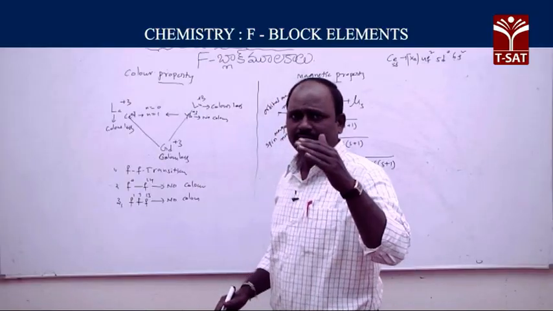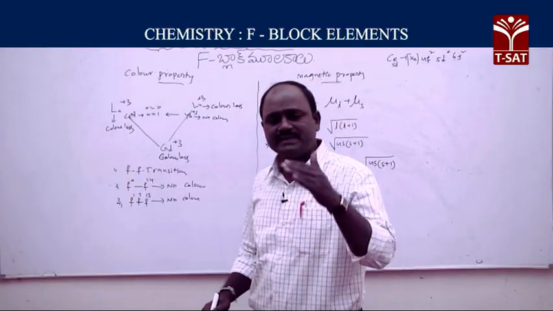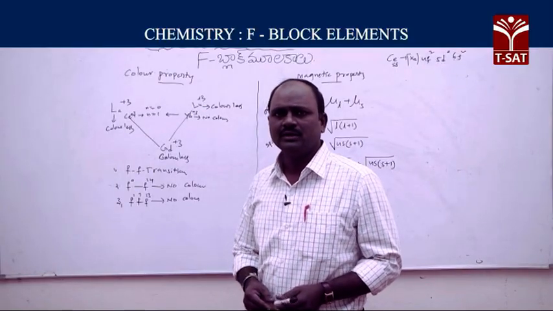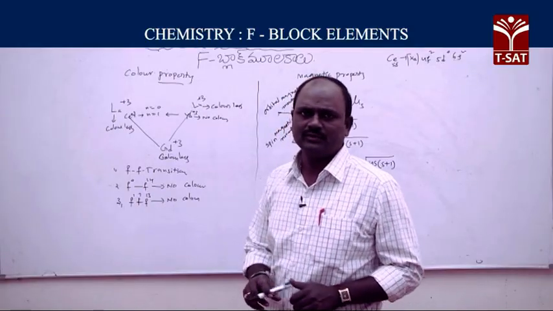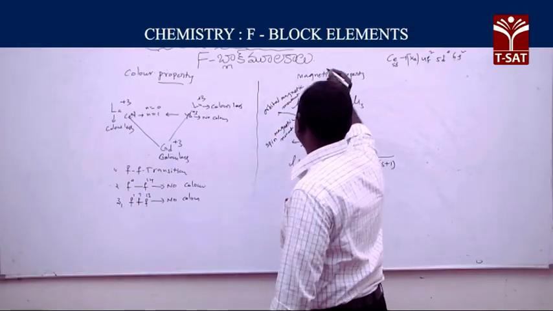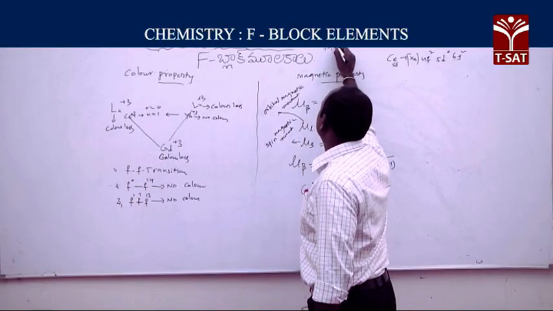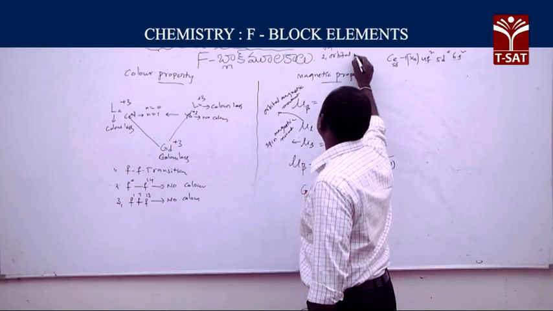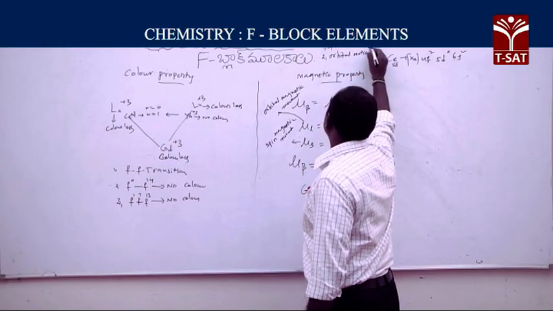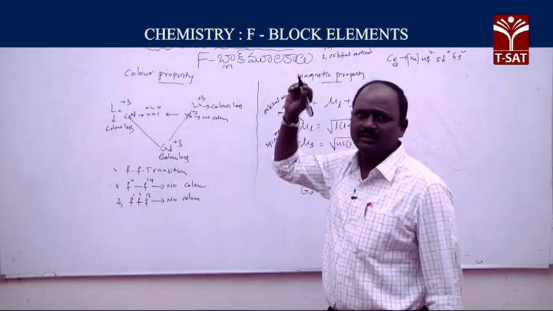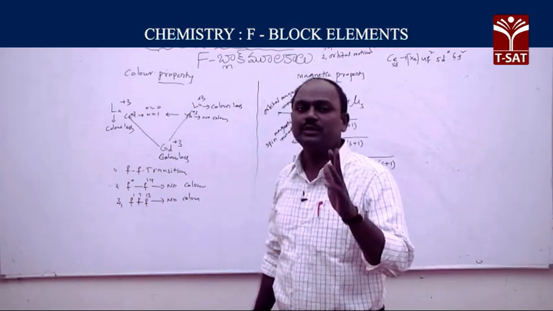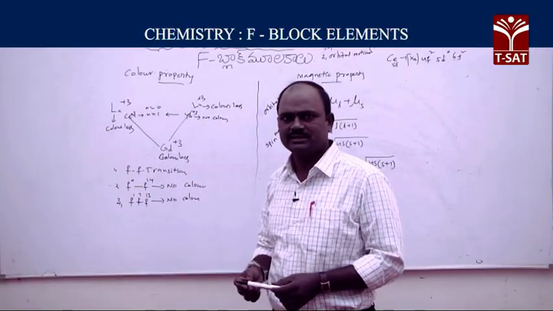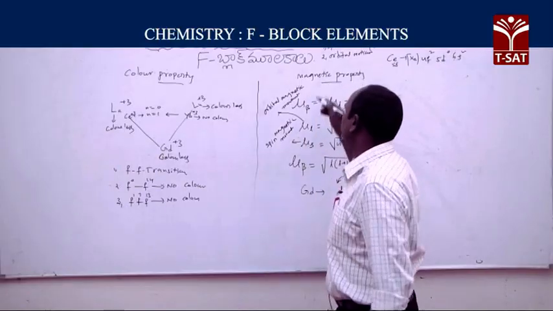Here, the magnetic property of the ions of inner transition elements is obtained due to two reasons. Number one is the spin of the electron, the second one is orbital motion. These two are responsible for the magnetic property of ions of inner transition elements. These reasons are very important.